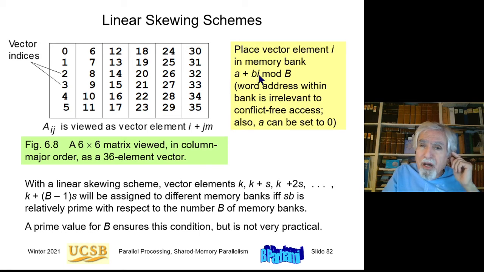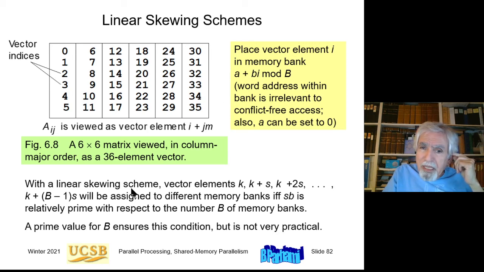In other words, address I is mapped into the location A plus BI modulo B. We do modulo B because we want to convert everything to 0 to B minus 1, which is the bank number. Okay? This is called the linear skewing scheme.